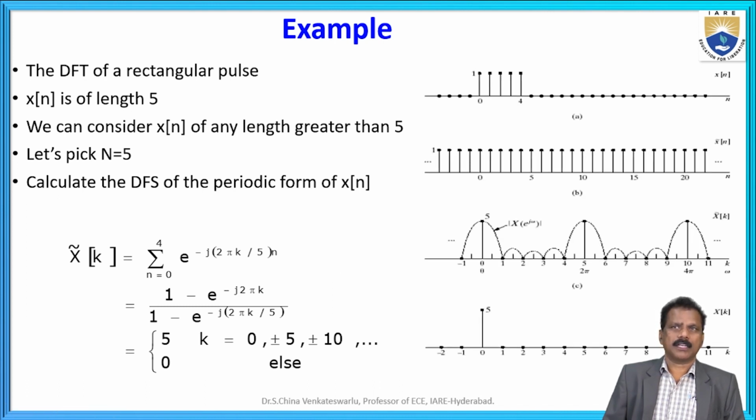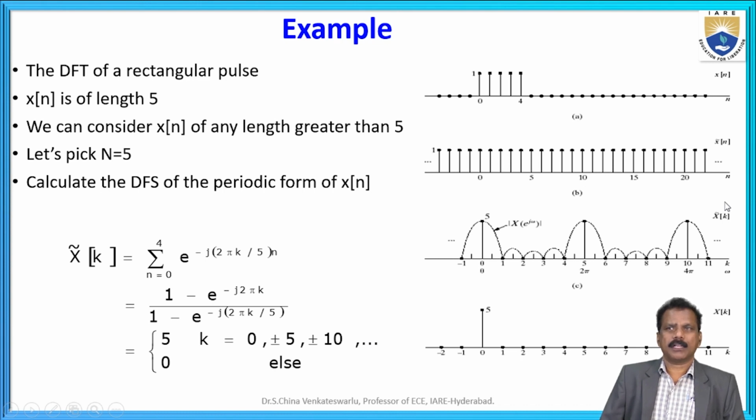The pulses are like this. This rectangular pulse is given from 0 to 4: 0, 1, 2, 3, 4. This is x of n. After calculating the approximation, we verify that the values are 5 at k equal to 0, and k equal to plus or minus 5, plus or minus 10, plus or minus 15, plus or minus 20 and so on.